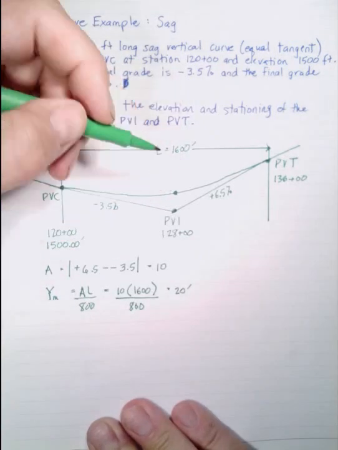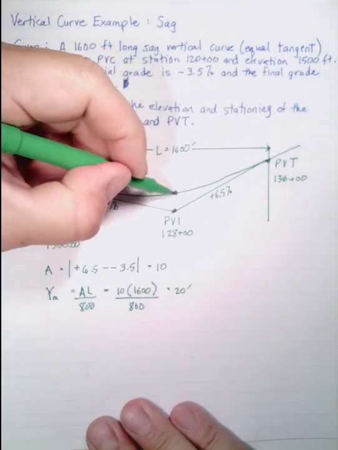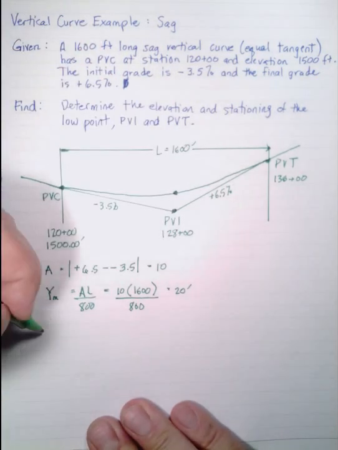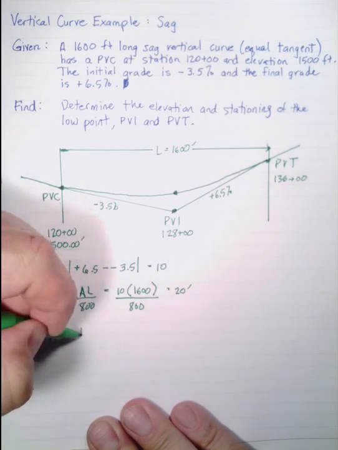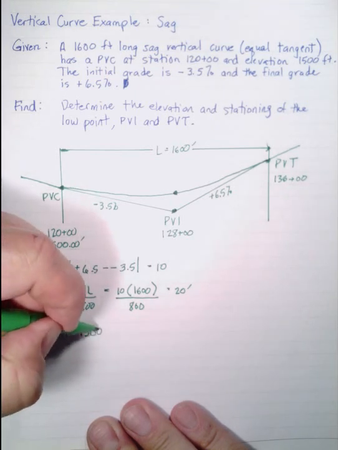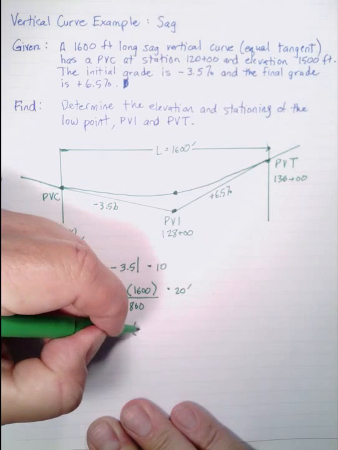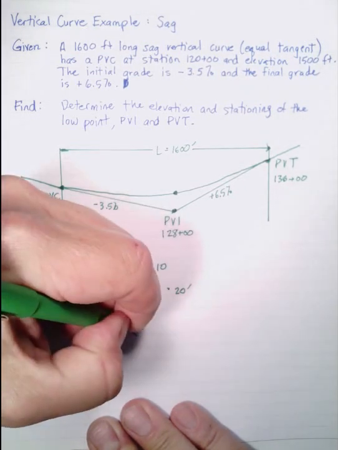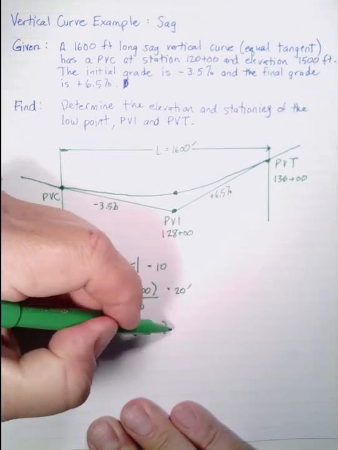So I think that means we can calculate the elevation on the curve at the PVI, and we can calculate the elevation on the tangents at the PVI. So the PVI equals the elevation of the PVC minus 800 feet times 0.035, which is the slope.